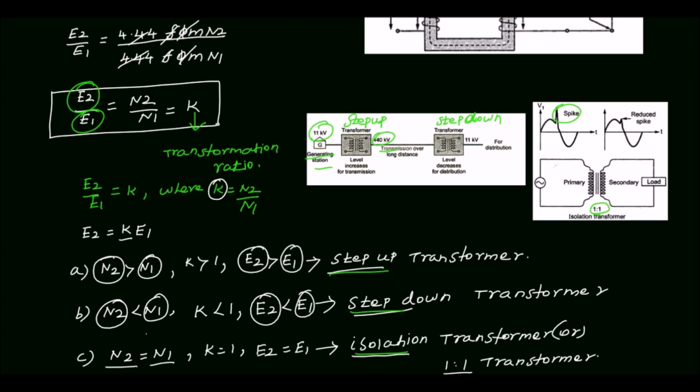If you pass an input signal with a spike to the isolation transformer, then the output of the isolation transformer will be like this. The spike will be reduced. Also, this isolation transformer will not allow the DC component. So if any DC component is present in the input voltage, that will be isolated, and only the pure AC voltage will be transferred to the next level.